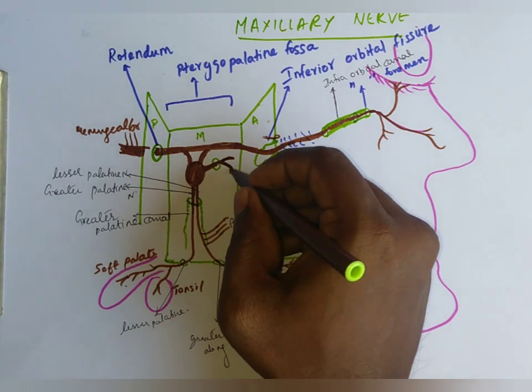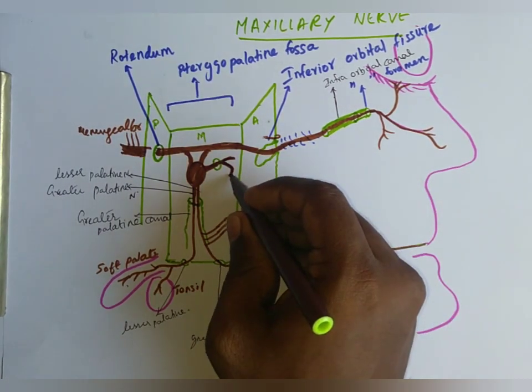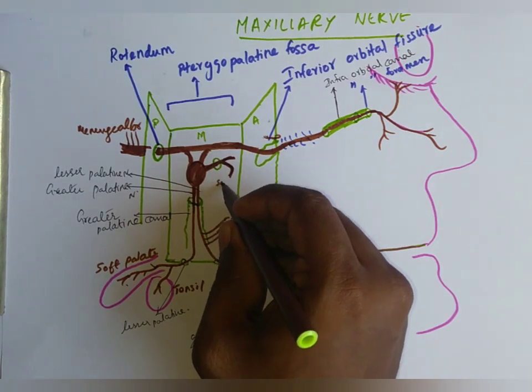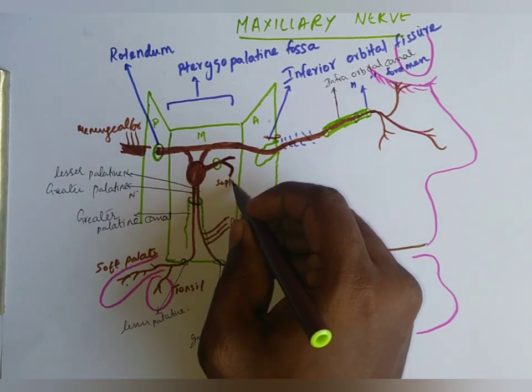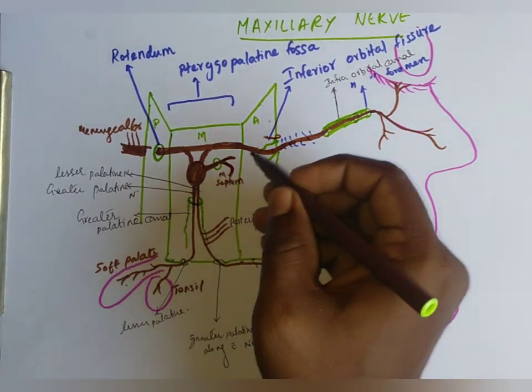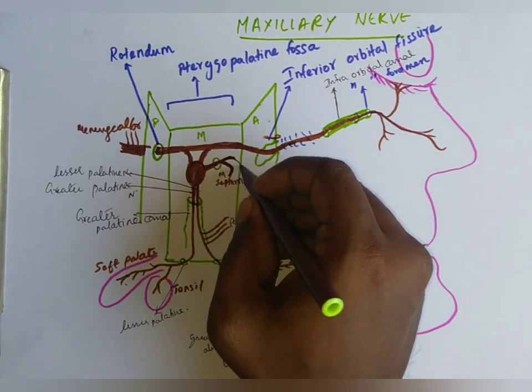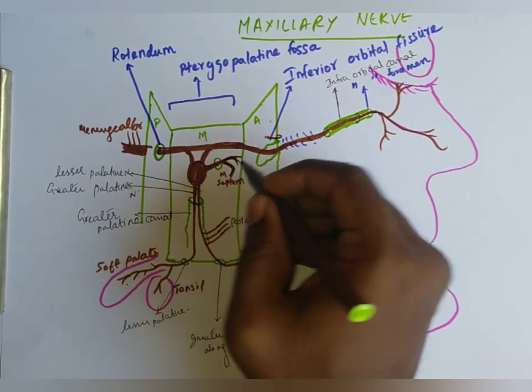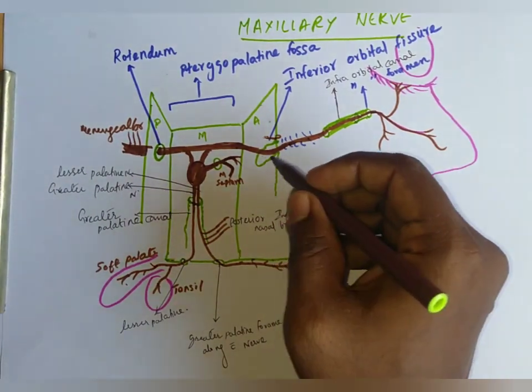The medial branch will be supplying the superior aspect of the nasal septum.